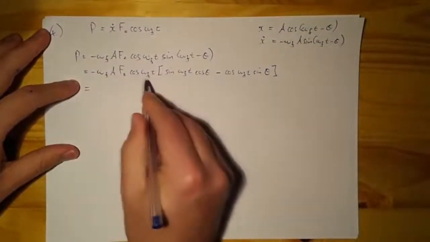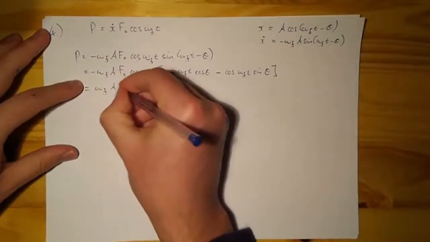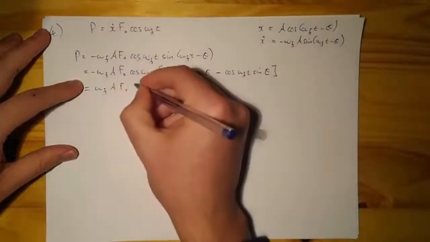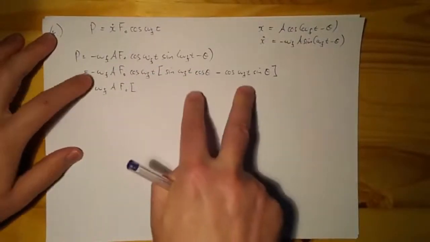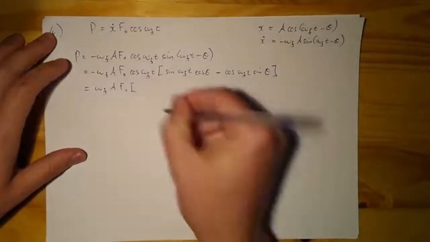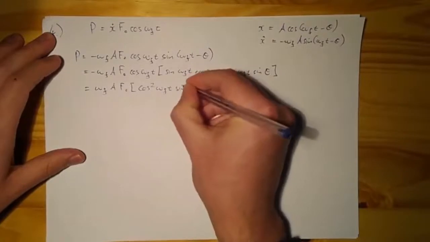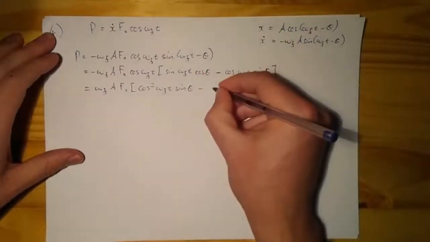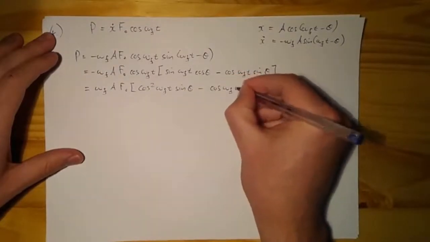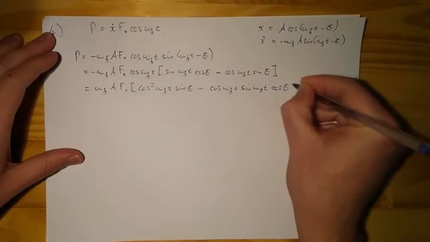Let's absorb the minus and multiply it in. So then we're left with omega f a f0. So if the order switches, if I've taken the minus, then I'm left with cosine squared omega f t sine theta minus this term, so minus cosine omega f t sine omega f t cosine theta.